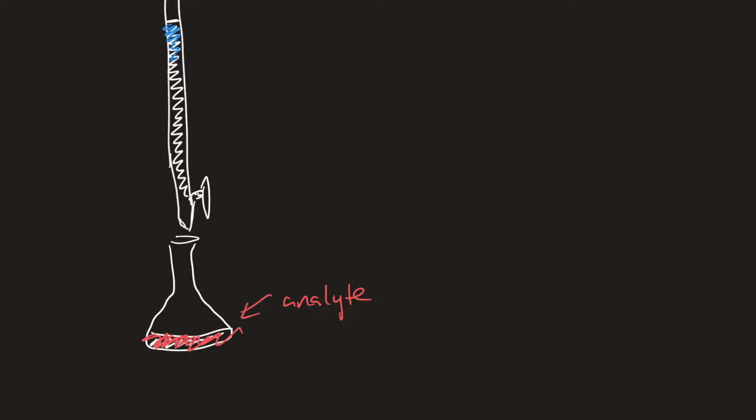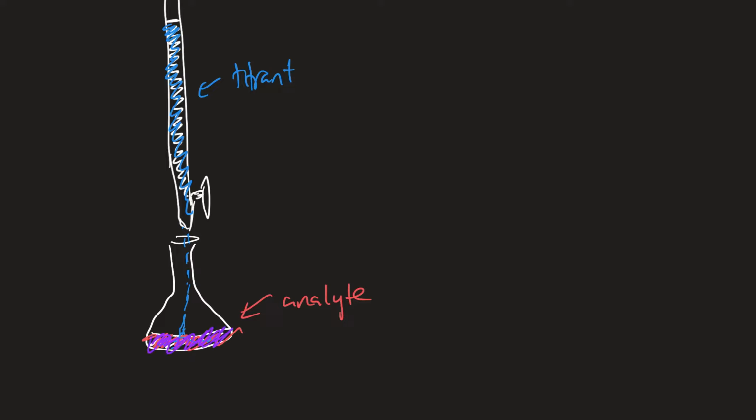This solution in here is what we call the analyte, while the solution in the burette is what we typically call the titrant. Essentially, you're mixing these two together. The titrant flows into the analyte, and they continue to react until you reach what we call an endpoint.